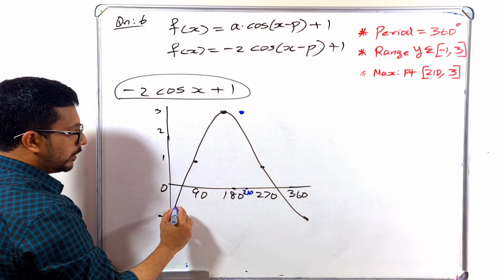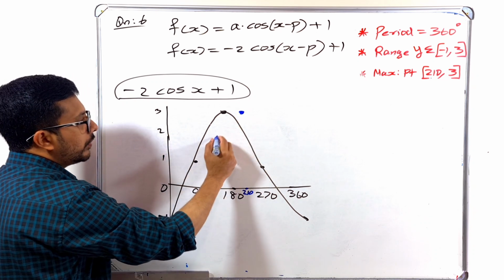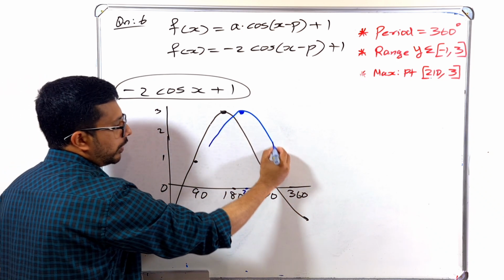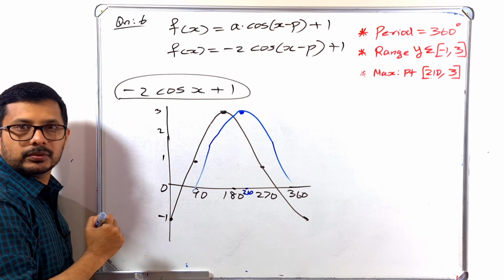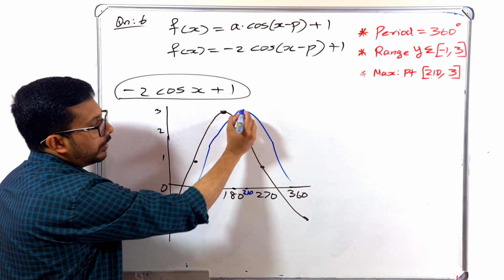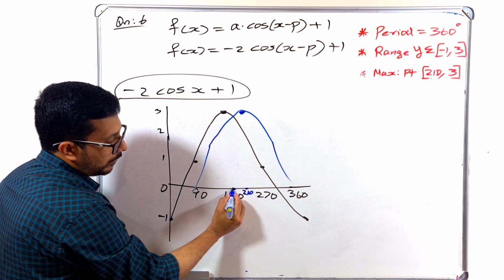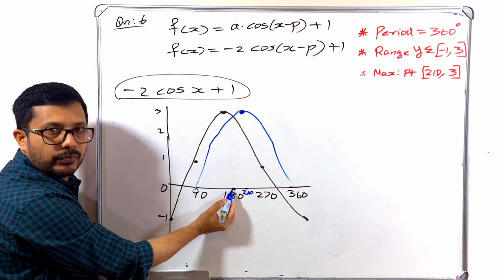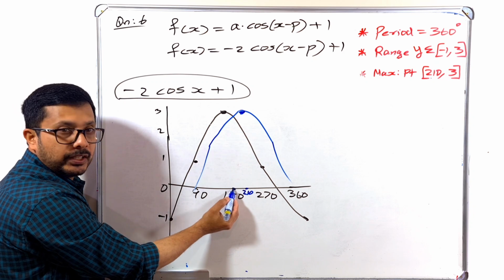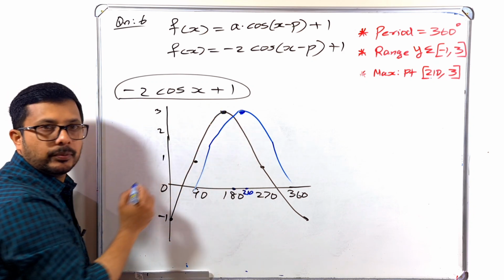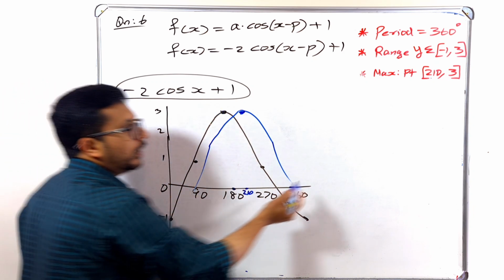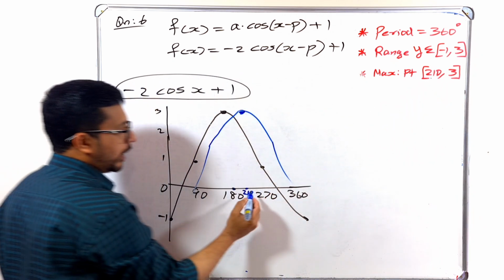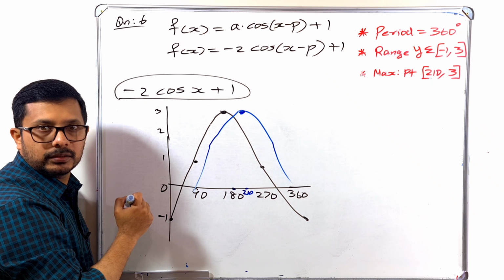So it means that this graph is shifted like this. Okay, it is going like this, it's coming like this. Okay, so in our normal minus 2 cos x plus 1 graph, when the x value is 180, you will get the maximum value 3. Okay, but they are saying that when x is 210, the maximum value is 3. You understand?